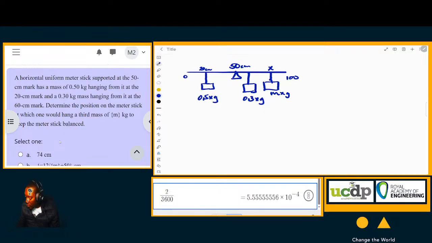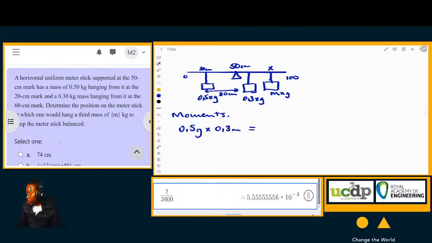So for our moments, we've got clockwise moments and anti-clockwise moments. The moment due to the mass on the left will be 0.5 g multiplied by 0.3, remember, we're 30 centimeters away, so that's 0.3 meters.